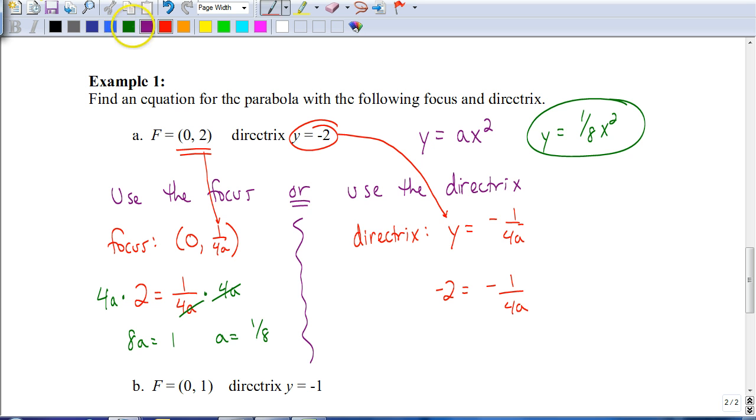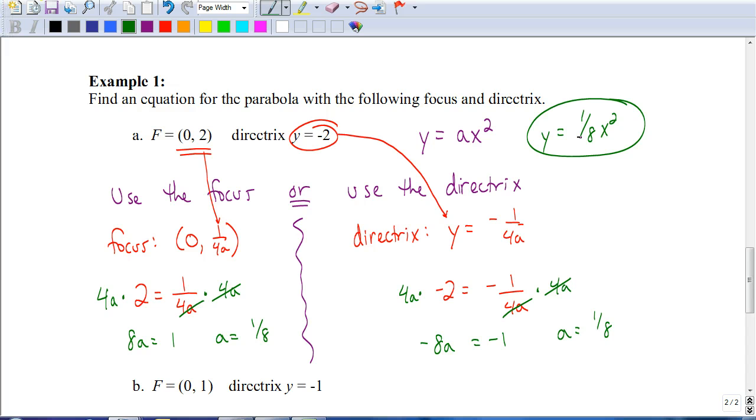And if I multiply both sides by 4a, the 4a's cancel out, and 4a times -2 is -8a equals -1. But when I divide by -8, I get a equals -1 divided by -8 makes a positive 1/8. Which again, if I put that in my equation for y equals ax squared, I'd get y equals 1/8 x squared.